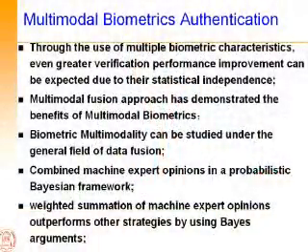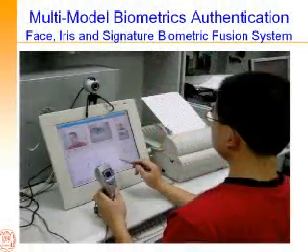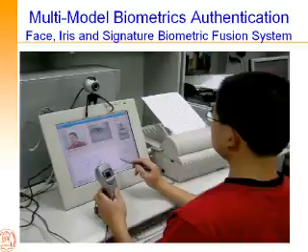Everybody knows that only one kind of biometrics cannot get a much higher recognition rate. So multimodal fusion of biometrics makes it easy to get a much better result, because different biometrics have independent information, and fusing them gives a large increase.